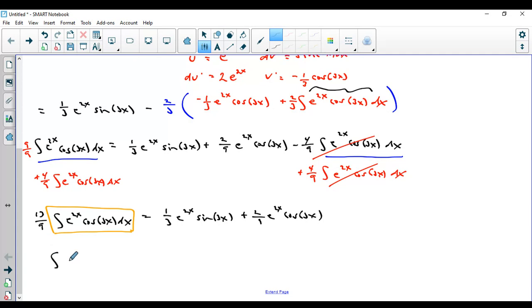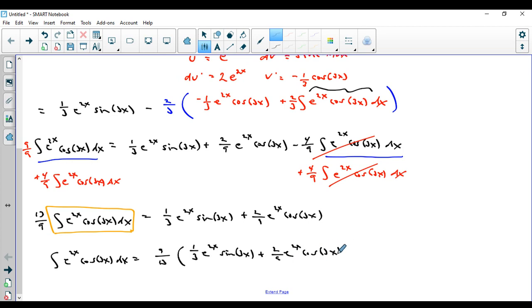So you're going to get the integral of e to the 2x cosine of 3x dx, and then it's going to be 9 over 13 times all of this. So 1/3 e to the 2x sine of 3x plus 2/9 e to the 2x cosine of 3x.